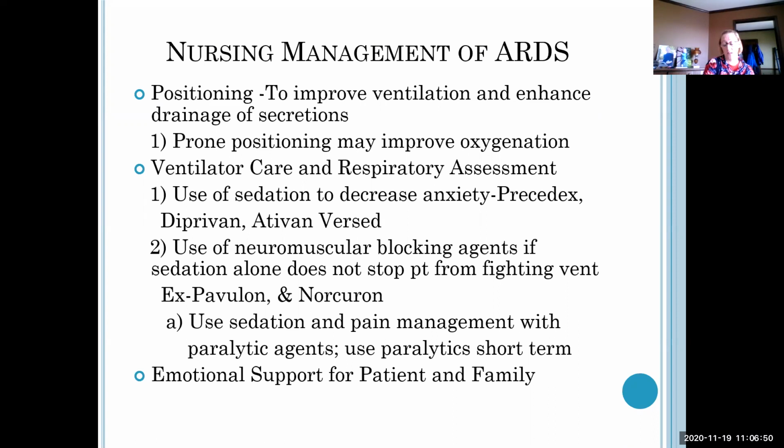So patients that are on these rotoprone beds, but even patients being prone in general, sometimes need additional sedation and even potentially paralyzed, because as those secretions start to move and they try to get them up and out, they cough a lot, and sometimes they can really fight the vent. So sometimes they need to be paralyzed just in order to promote rest and allow the lungs to heal. And then emotional support for the patient and family, especially the family coming in, seeing them in this state, of course, can be very traumatizing for family.